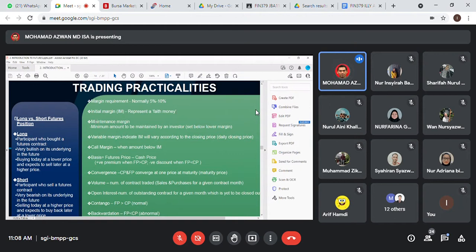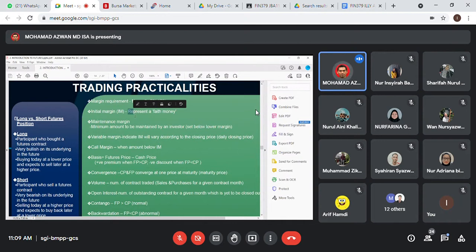The day after, every day, as long as you don't close the contract, on a daily basis you have to maintain a certain minimum amount in the account. It is called maintenance margin. Basically, maintenance margin is a certain percent of initial margin. Just now we said that initial margin is 10,000.